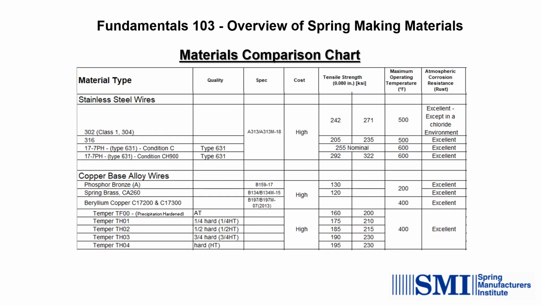This chart is for stainless steel wires and copper-based alloy wires. Materials are shown by material type, quality level, specification, relative cost, tensile strength, maximum operating temperature, atmospheric corrosion resistance.